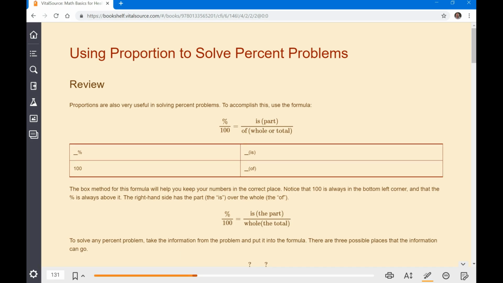So this is using proportion to solve percent problems. And the key is right here. I'm going to show you.